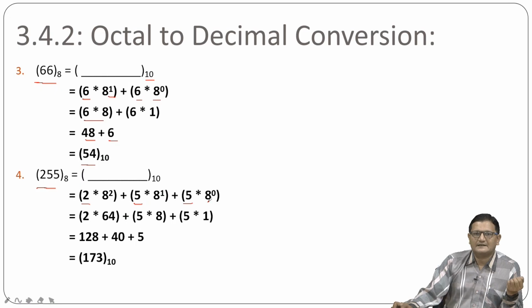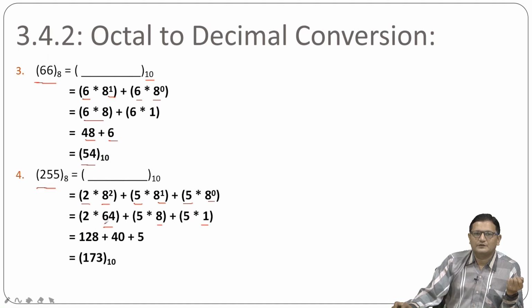The last digit has to be multiplied with 8 raised to 0, the second last digit with 8 raised to 1, and the first digit with 8 squared, 8 to the power 2, that is 64. 8 to the power 1 is 8, and 8 to the power 0 is 1.